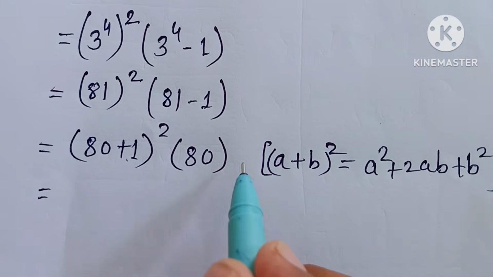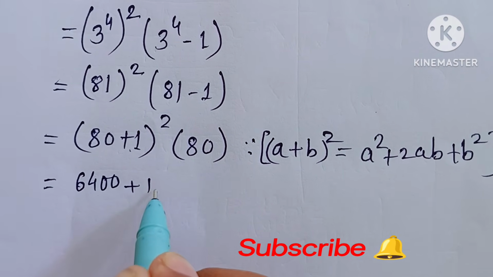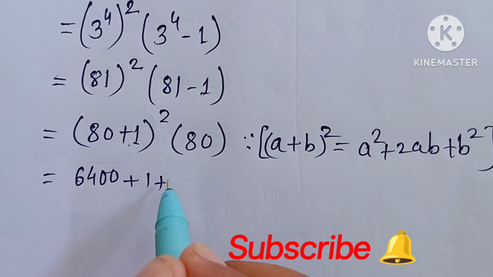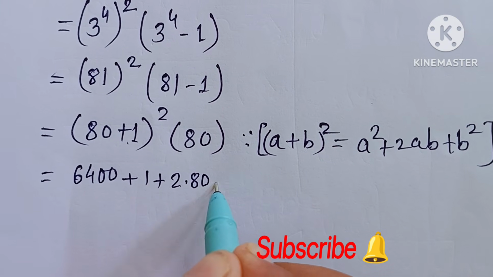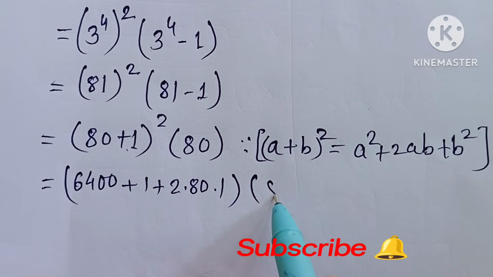This identity we can apply: 6400 plus 1 square is 1 plus 2ab means 2 multiply 80 into 1, into 80.